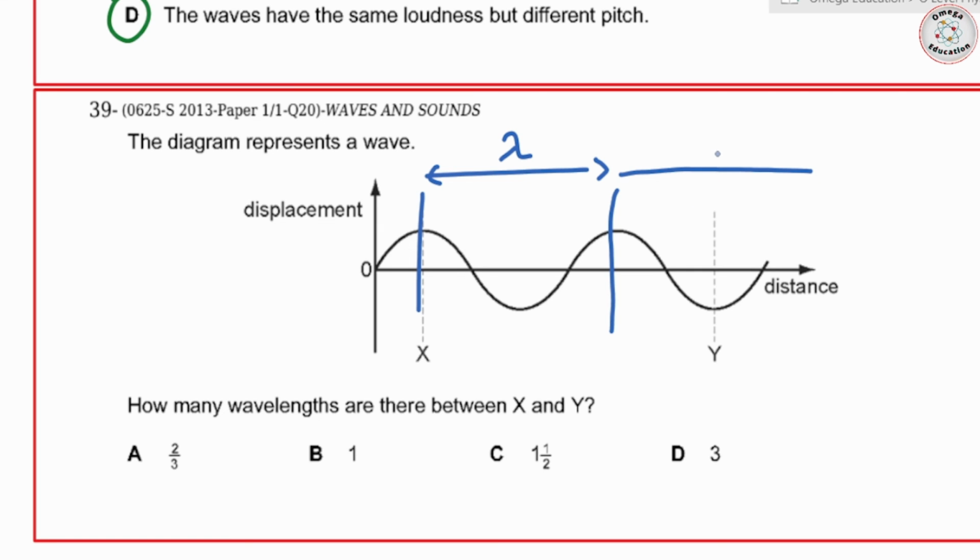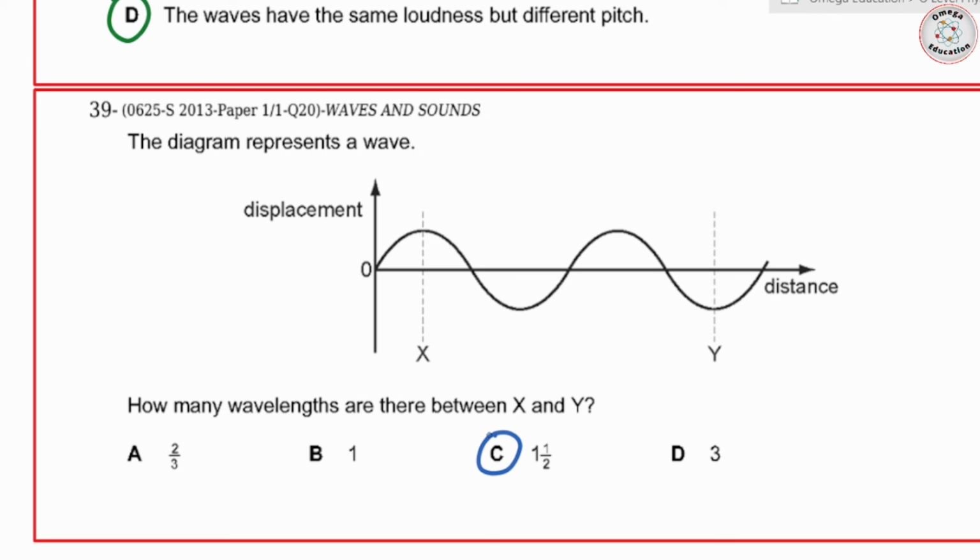So from there, we get half the wave. That is lambda over 2. So lambda from the first, lambda by 2 from the second, the total would be lambda and a half, or 1.5. So whatever the wavelength is between X and Y, it would be 1.5 of that value, 1.5 of the wavelength.